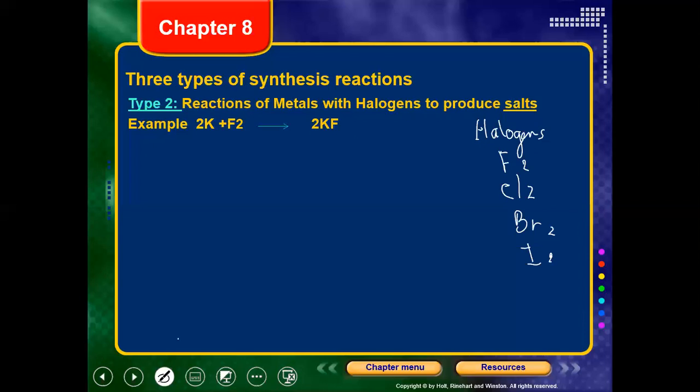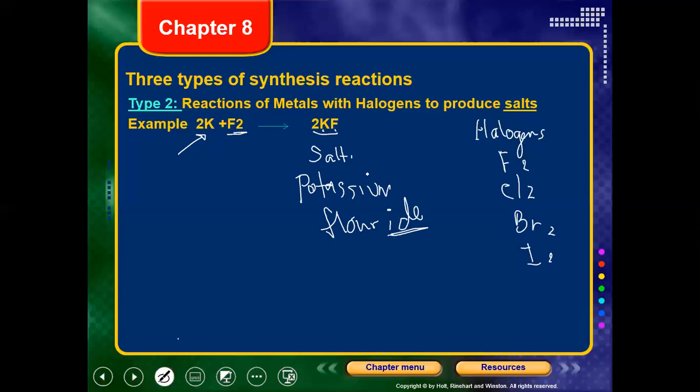When an active metal like potassium reacts with fluorine, it produces a salt. And how will we read this one? It is potassium fluoride. You know that you have to end the chemical name with IDE.